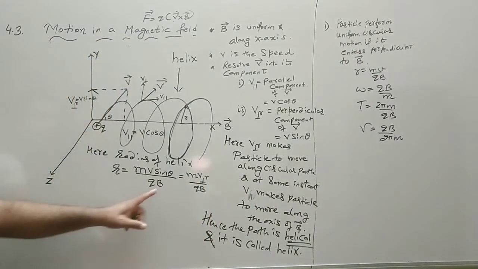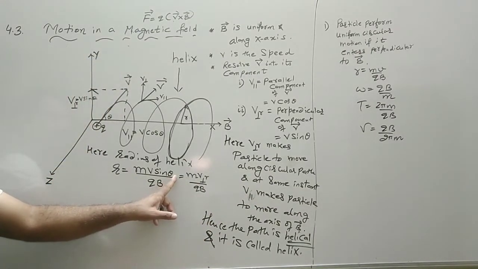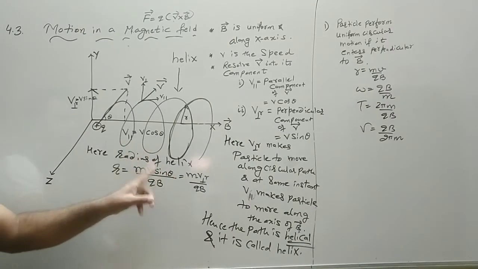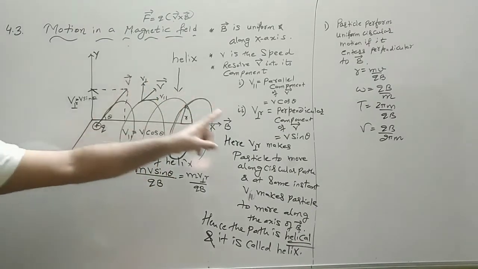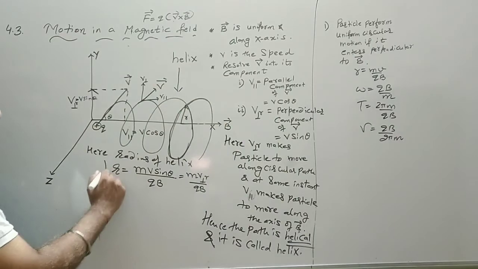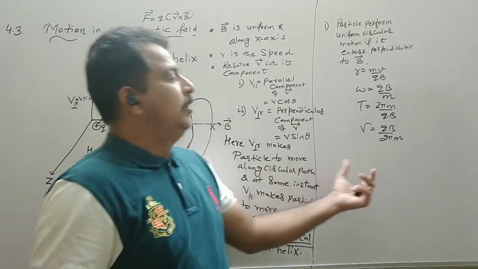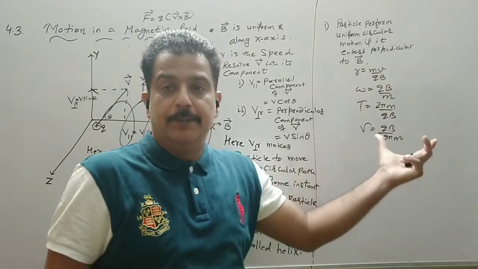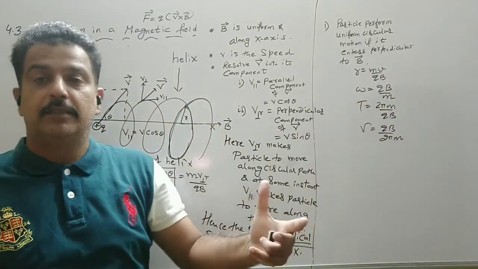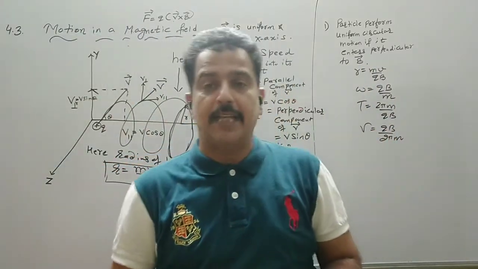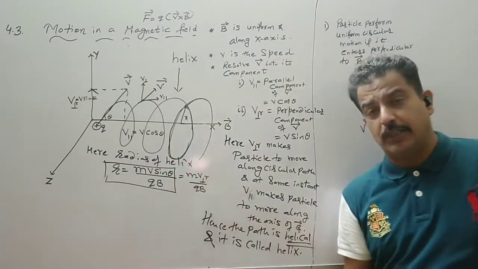You remember this theta is the angle between the v vector and the B vector. So this is the formula now. Wherever we have written v, in that place we will write v sin theta.